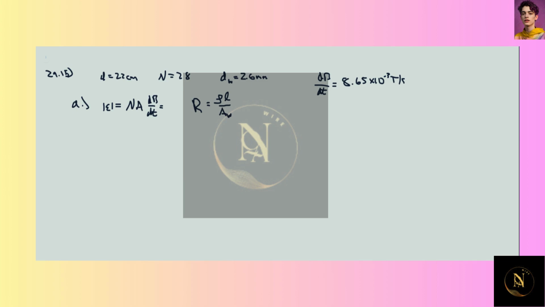Now the current is given by EMF over R, so this is N A dB/dt over rho L A_wire.